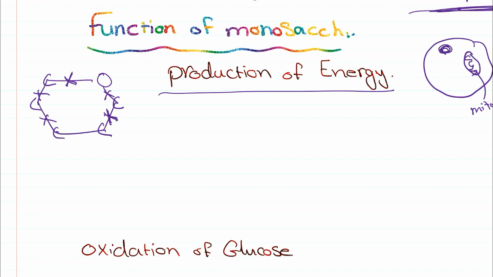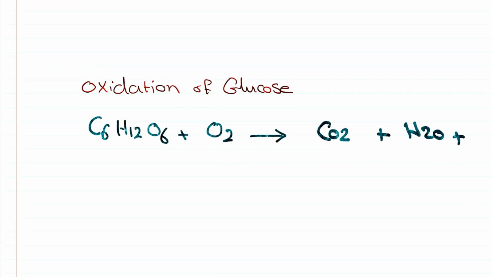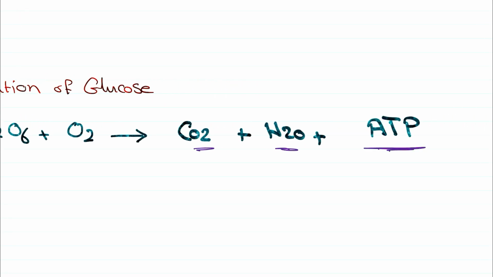So energy production happens inside the mitochondria by breaking down the glucose into carbon dioxide, water, and energy. The form of energy is called ATP.